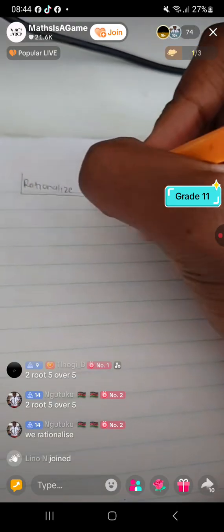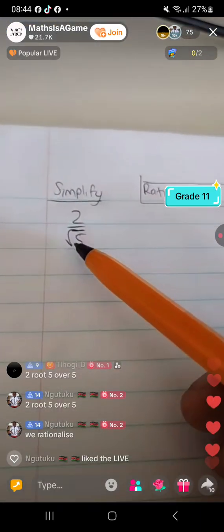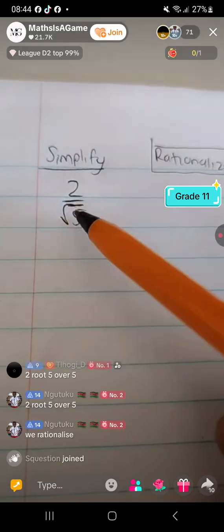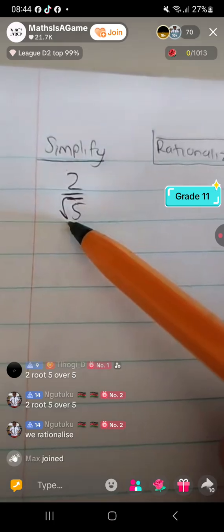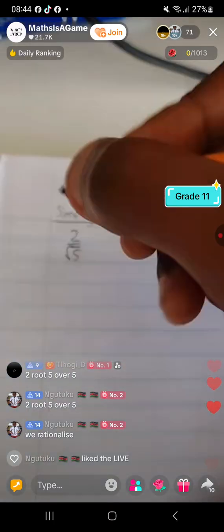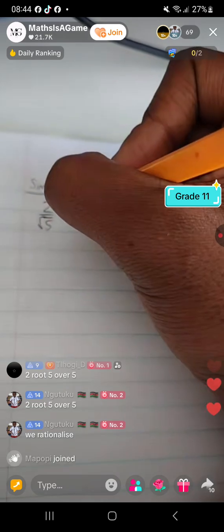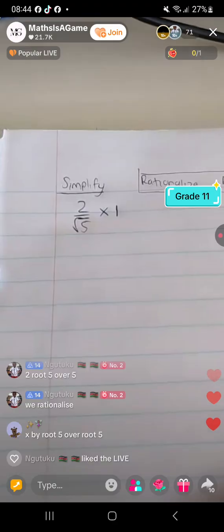The mathematical rule is that we can't have a surd in the denominator. So what we do then is we multiply by a unique special one.